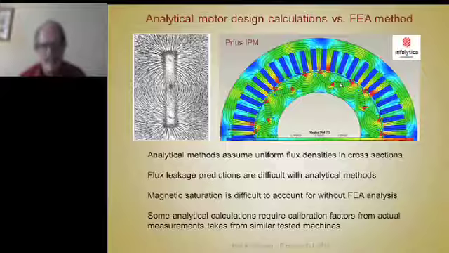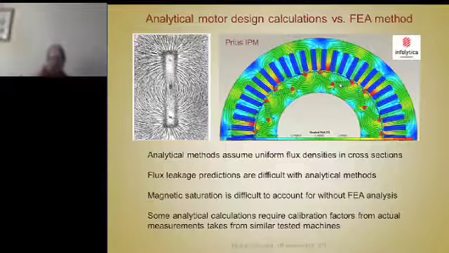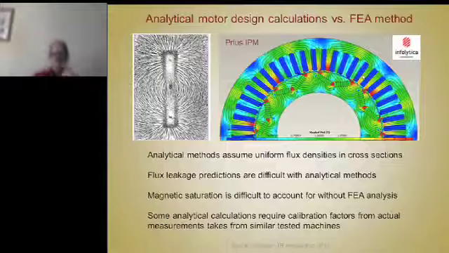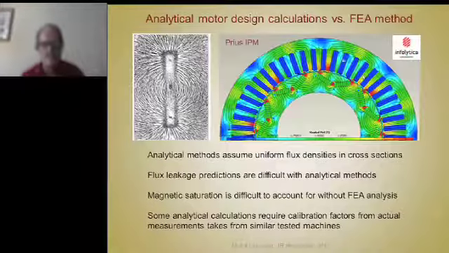But in the teeth, I would take the cross-sectional area of the teeth, probably use the average, right in the middle, multiply that by the number of teeth per pole, and divide the total lines of flux from the magnets by the total cross-sectional area.